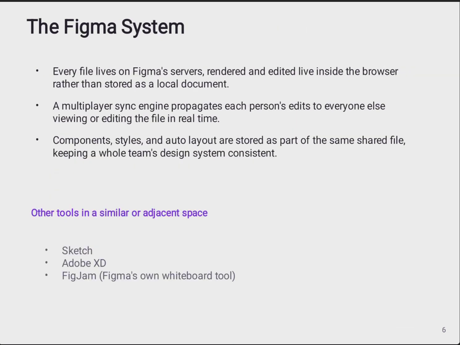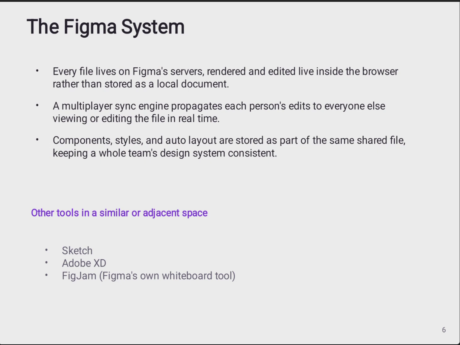The Figma system. Every file lives on Figma servers, rendered and edited live inside the browser rather than stored as a local document. A multiplayer sync engine propagates each person's edits to everyone else, viewing or editing the file in real time.